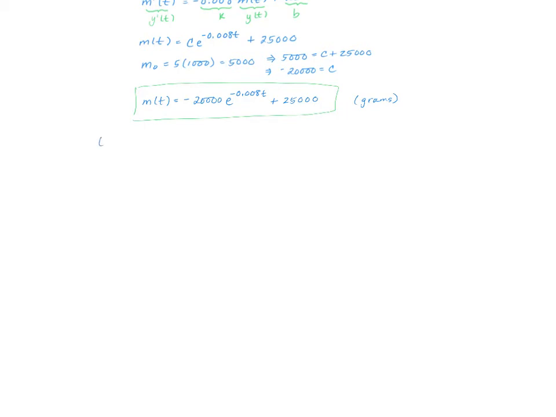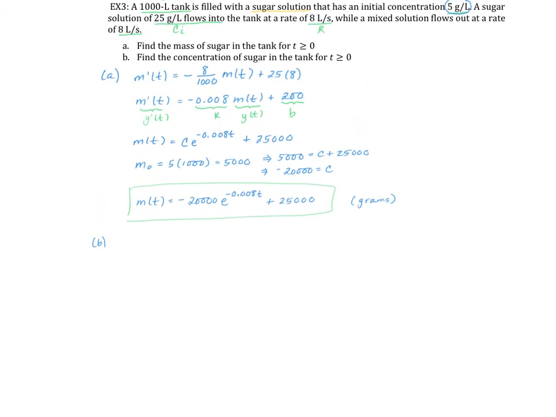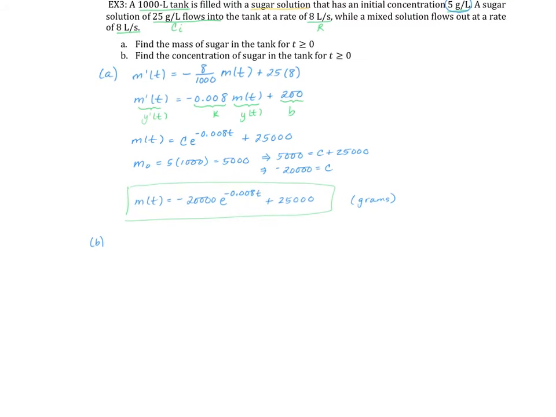Now in part B, we're supposed to find the concentration of sugar in the tank for any t value. So I'm going to create this new function c, and that's going to stand for the concentration.